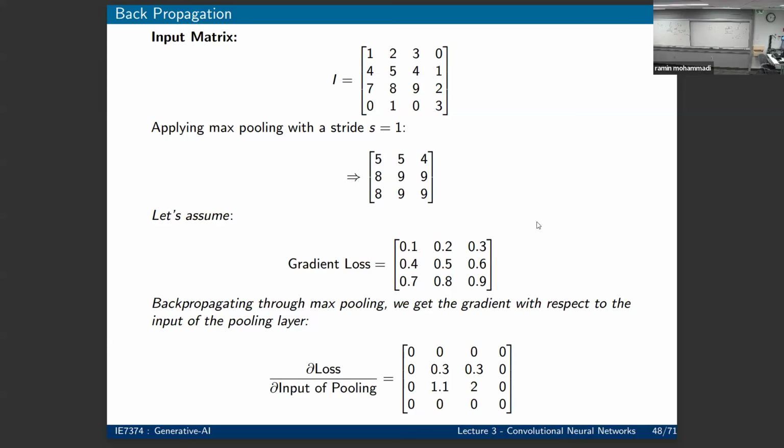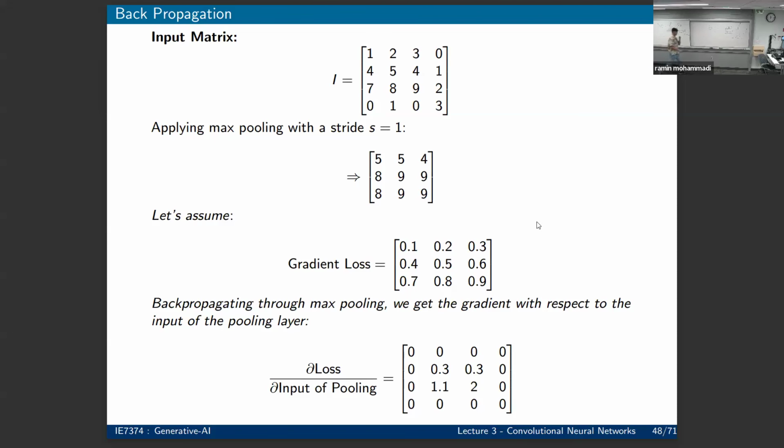we get this, right? But this gradient, 0.1, comes from this corner, correct? So there is this one here. But if you think about it, 5 also gets another gradient. It contributed to 2 outputs, technically. So the gradient that comes back to 5, when you want to reconstruct, should be the summation of these 2. So it becomes 0.3. When you go to 4, it is the same thing, 0.3.